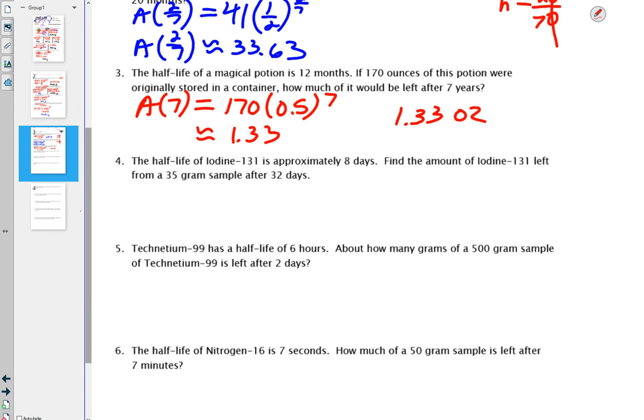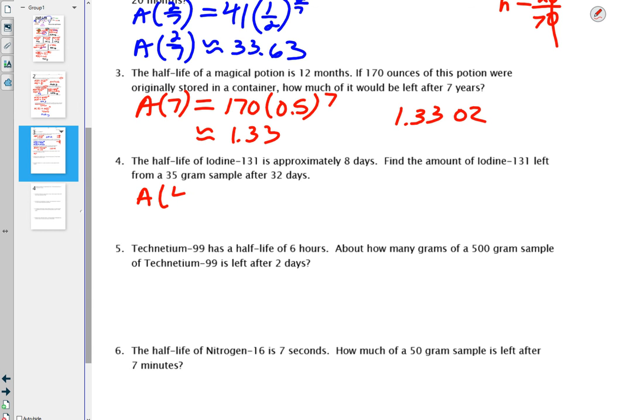The half-life of iodine 131 is approximately 8 days. Find the amount of iodine 131 left from a 35-gram sample after 32 days. Okay, this is a more basic one. How many half-lives here? 4, because the time is being measured all in days. 32 divided by 8 is 4.